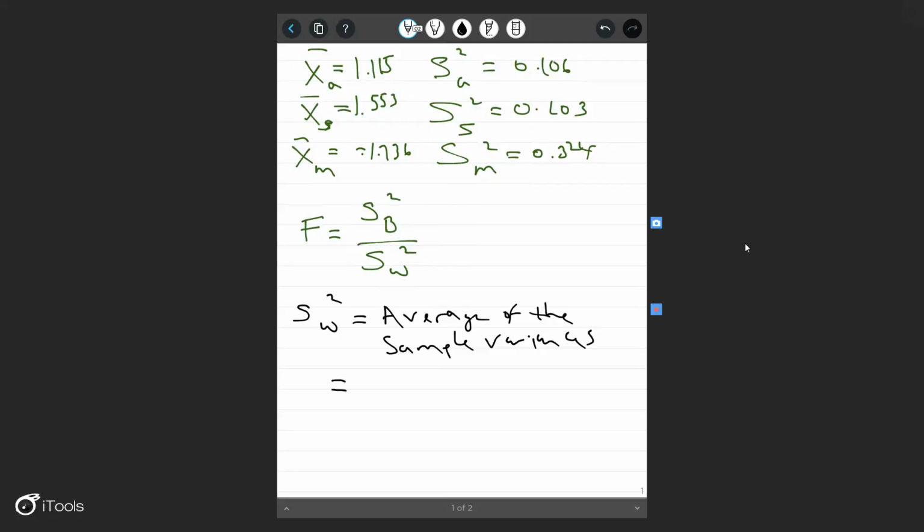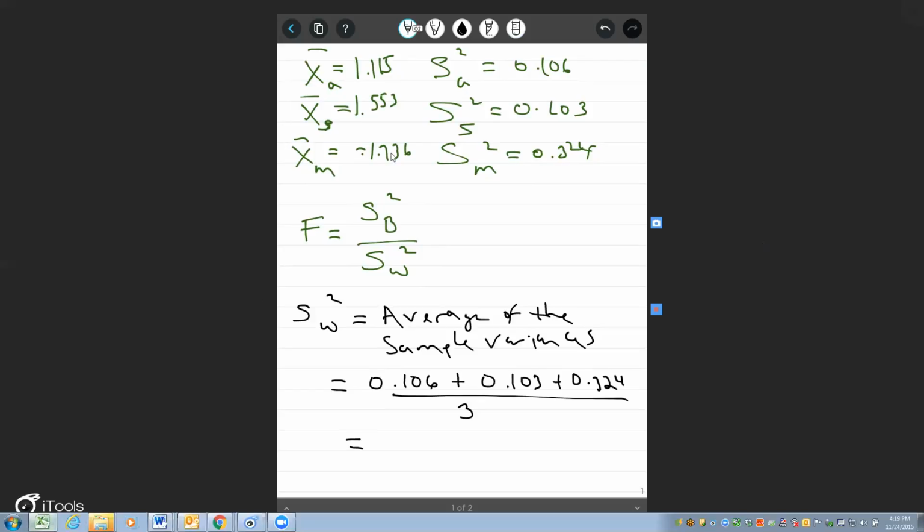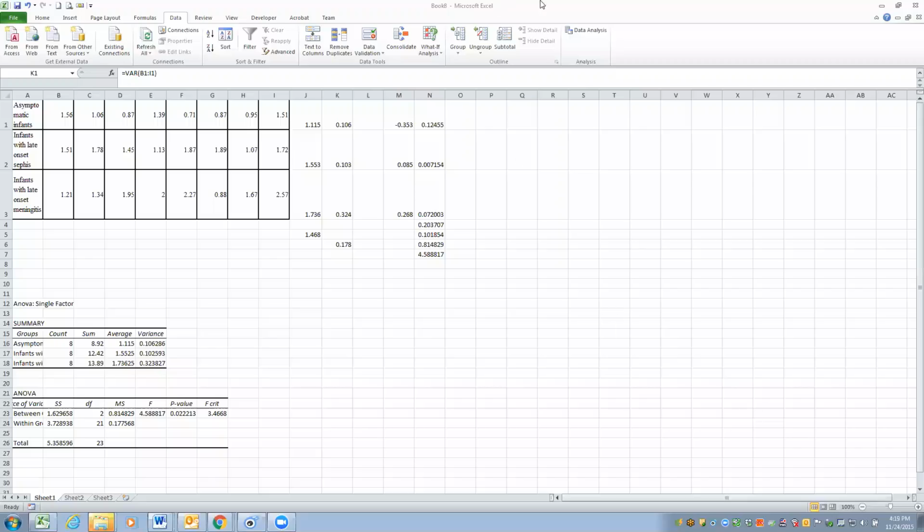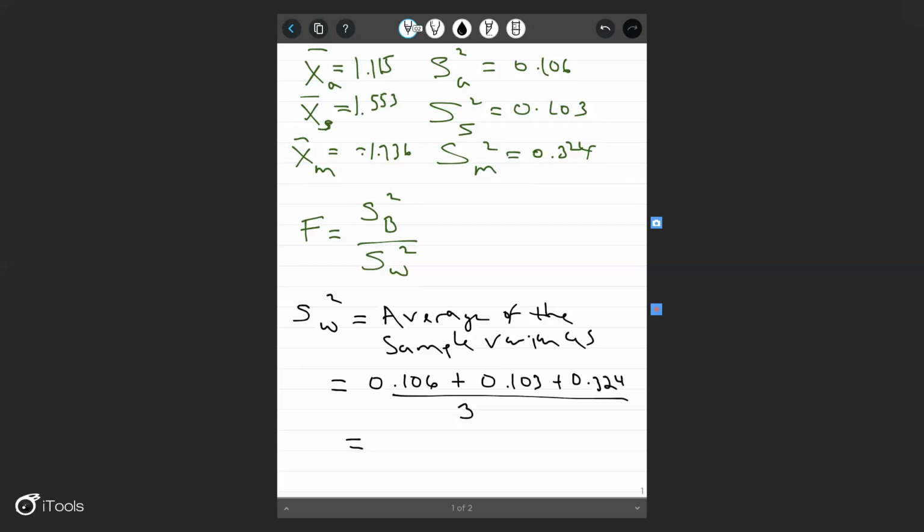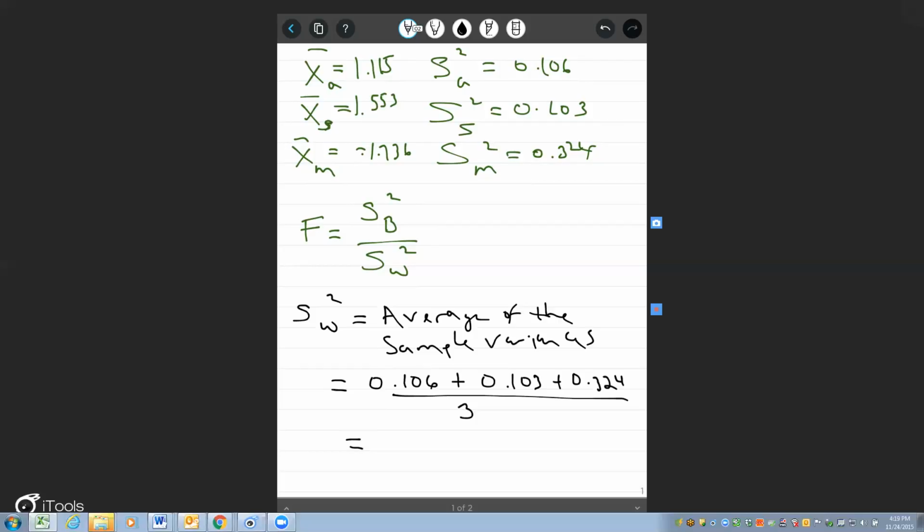So in this case, it's going to be 0.106 plus 0.103 plus 0.324 divided by 3, which turns out to be 0.178.